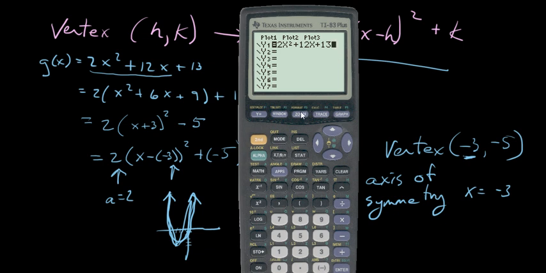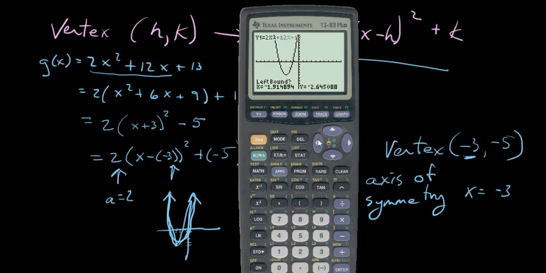Now I'm going to graph this thing, but before I graph it, I've done some other things in the past. So I want to start with the Zoom standard, number 6. And sure enough, that looks like my vertex is right there at -3 and -5. Just to make sure, I'm going to say second calc and minimum, because my vertex is a minimum. Enter.